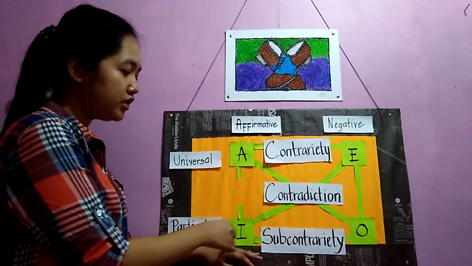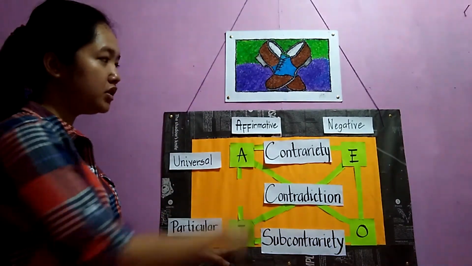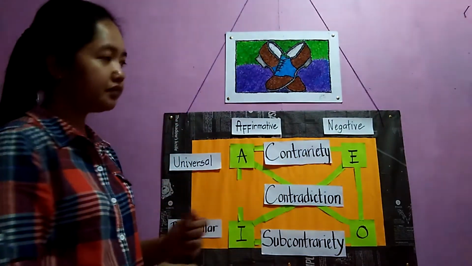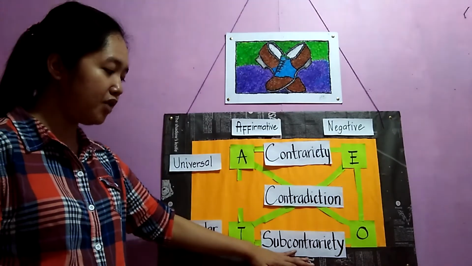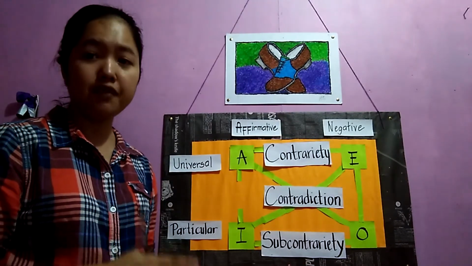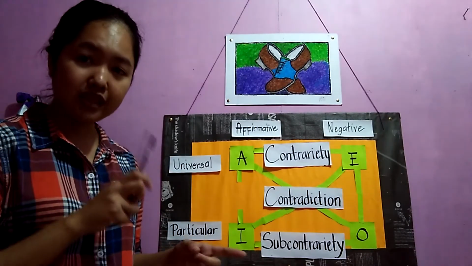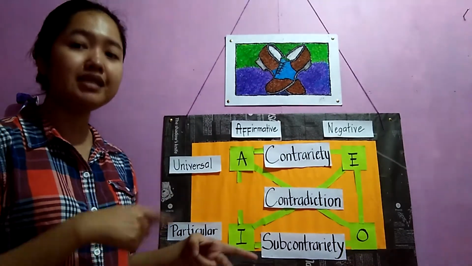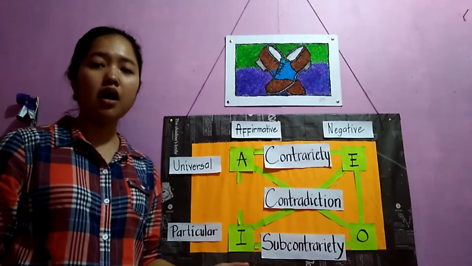The I proposition is subcontrary with the O proposition because the I proposition is affirmative, while the O proposition is negative. For this type of relationship, they can never be false together, but they can be true together. If one statement is true, we can assume that the second statement can actually be doubtful.